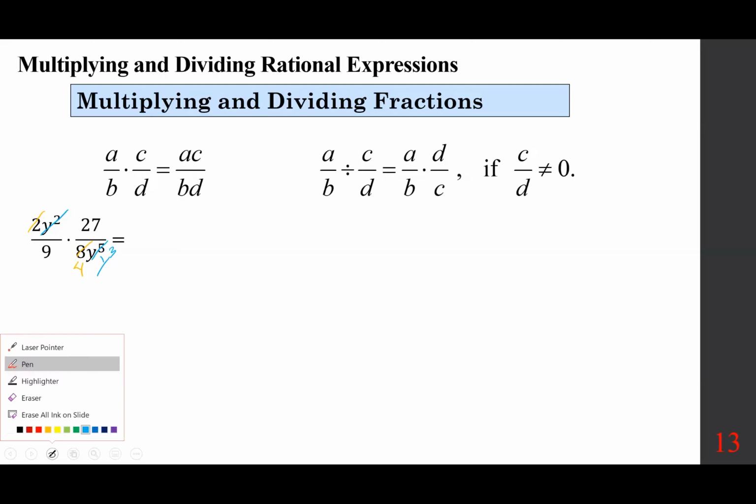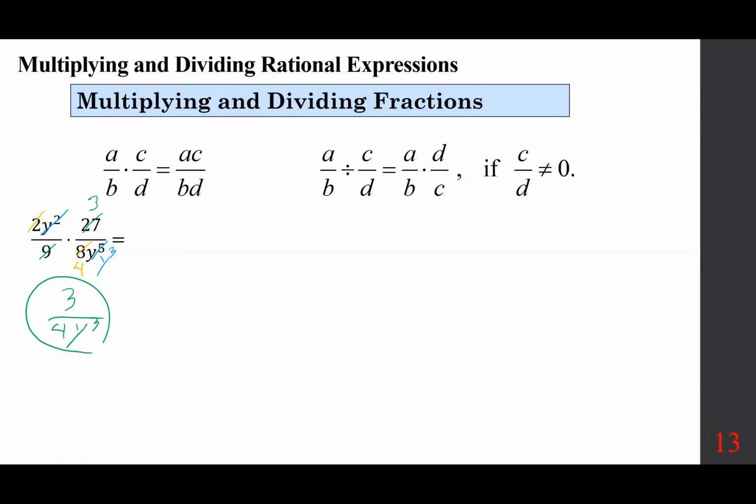I can say 9 goes away and this becomes 3, as long as you pick one from the top, one from the bottom. So what do you have in the numerator? You have nothing except the number 3. So the top is only 3. What is the bottom? 4y cubed, and that's your final answer.